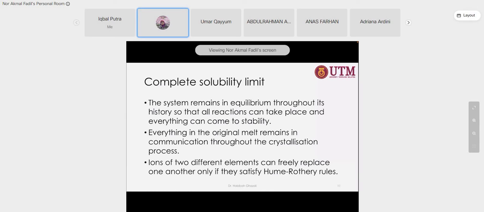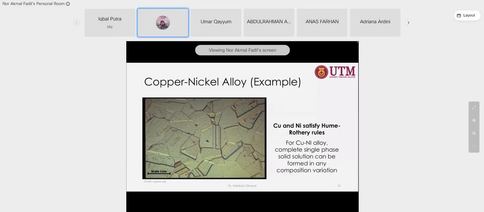Later I will get back to you with the most appropriate example to explain this equilibrium condition. For example, the ionic condition, the valence condition. I'll get back to you. Equilibrium means not reactive to the environment, something like that.